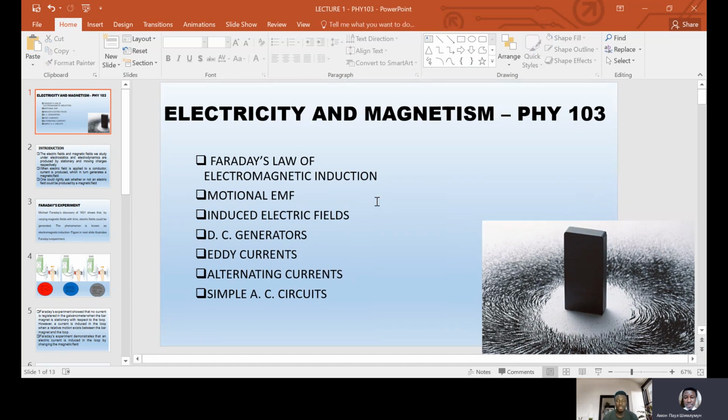Faraday's law of electromagnetic induction.